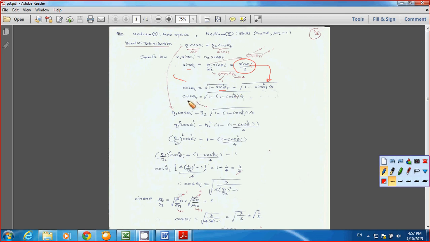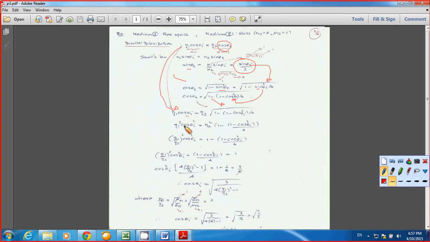And then you also change the sine function here to be cosine, which simply becomes 1 minus cosine square theta I. Okay, and then from this equation, now you can write your theta t in terms of cosine theta I, and that's why I put this term here.